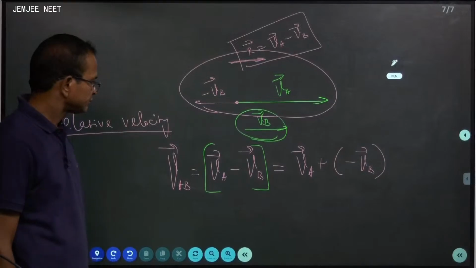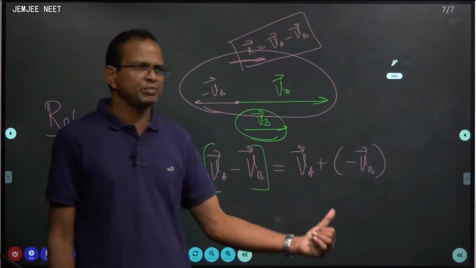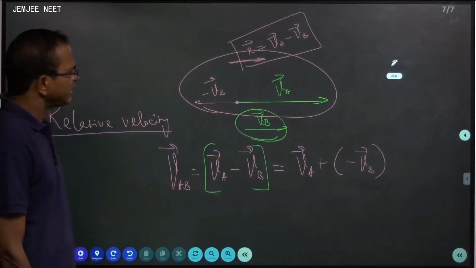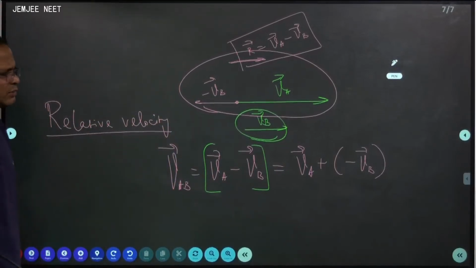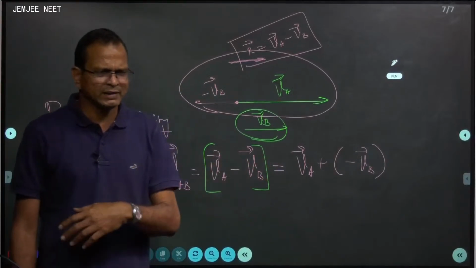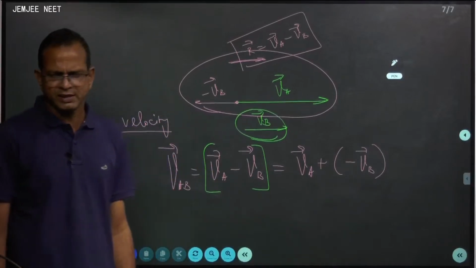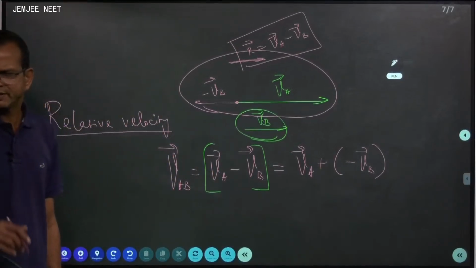Relative velocity of A with respect to B is equal to VA minus VB. Sir, is this very difficult? Just subtract, like 2i minus 3j minus 3i minus 4j, it is vector algebra, and we get the answer very easily.